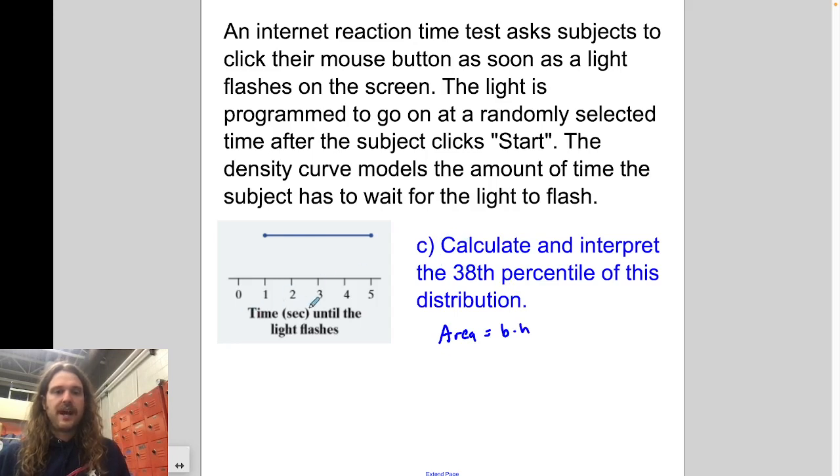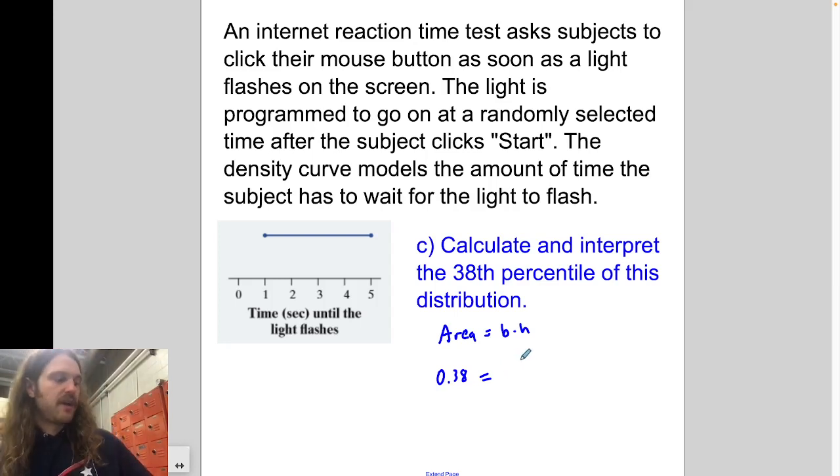So what time will have 38% of the data over here to the left? Okay, so how do we calculate that? Well, 0.38 has to be equal to, I don't know what the base is exactly, but I do know what the height is.